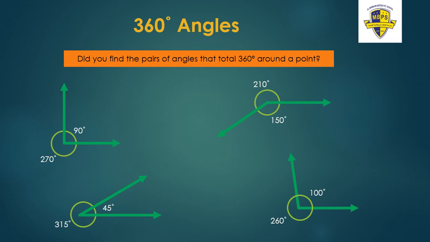Okay, here we can see more examples of angles at a point. The first one, this is 90 and 270.